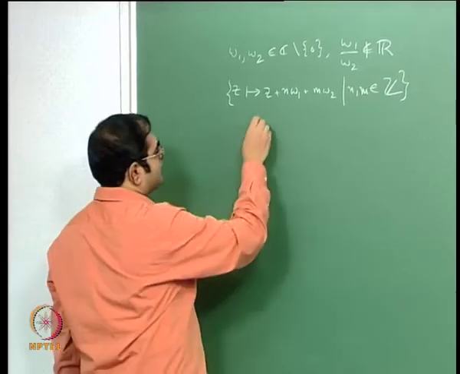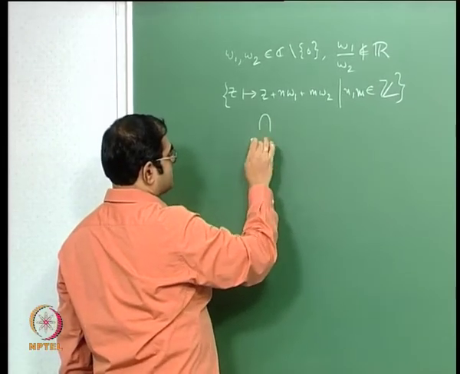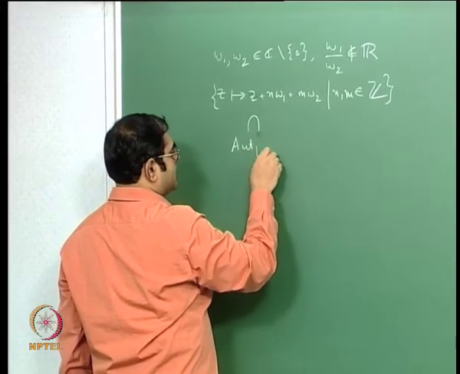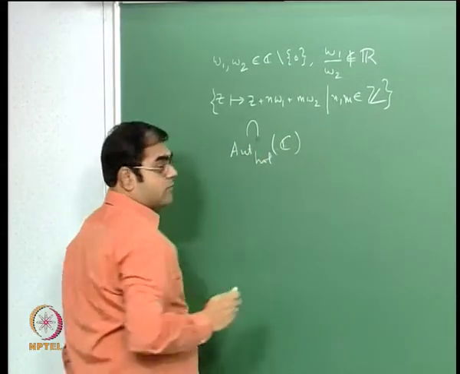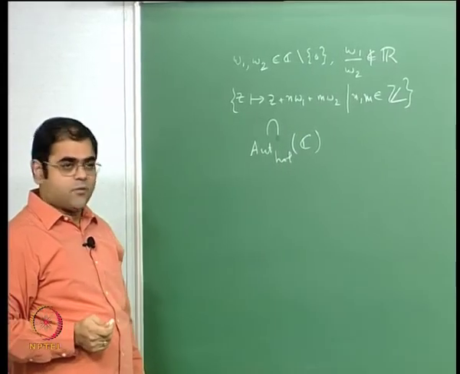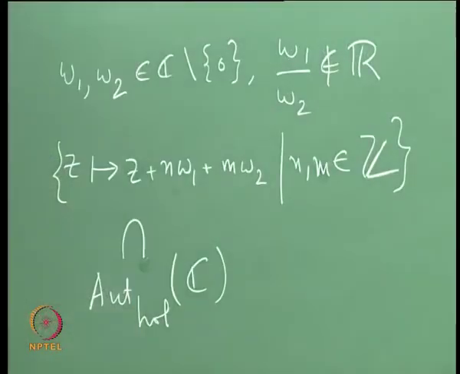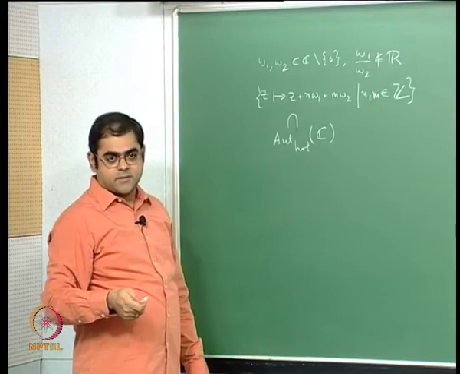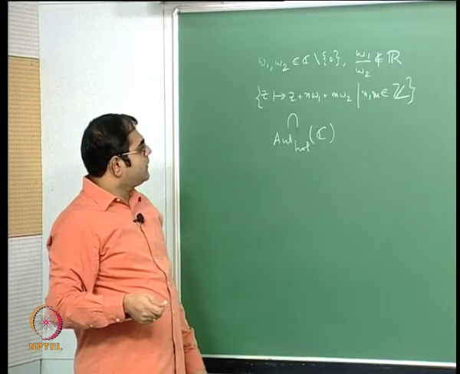So these form a subgroup of the holomorphic automorphisms of the complex plane. The point at infinity is mapped to the point at infinity, and the rest is the complex plane, so any finite complex number is mapped to a finite complex number.